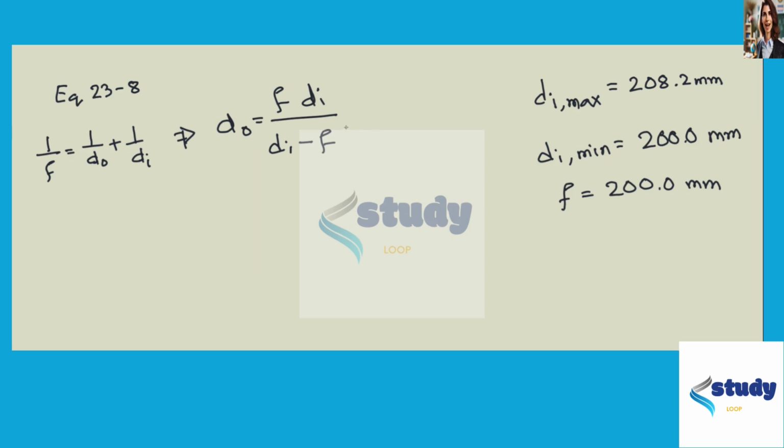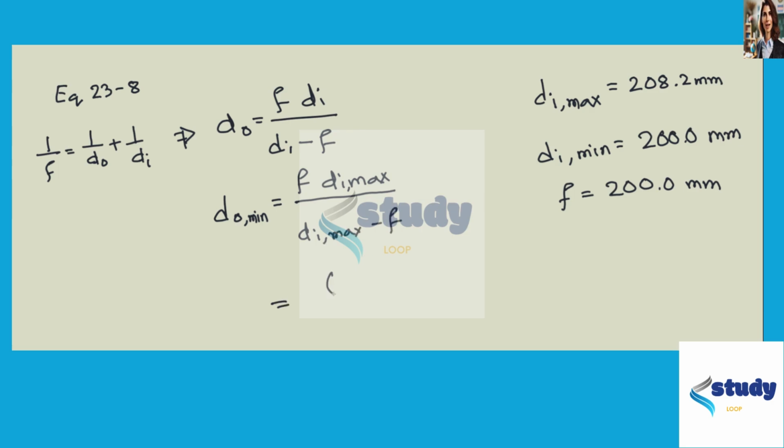So we don't want that. We want the other one, which will be smaller. If we take this value, then we'll have some finite value, which will be lesser than infinity. So that's why for do minimum, we take the maximum value of di, and we do the same thing here.